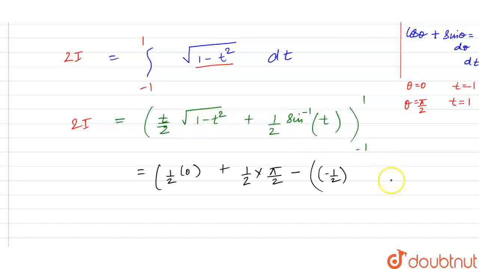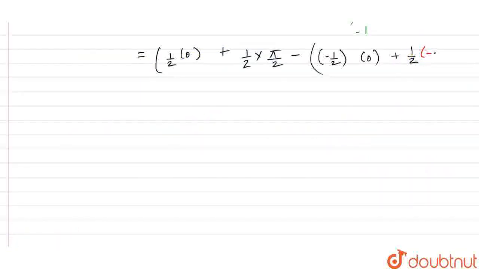So it's 1 minus 1, that is 0, and plus 1 by 2 sine inverse of minus 1, which is minus of pi by 2 here. So if we solve this, this term is 0. So we have pi by 4 minus, minus will be plus, of pi by 4.